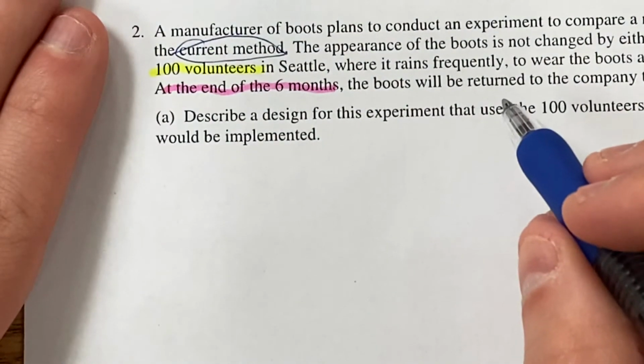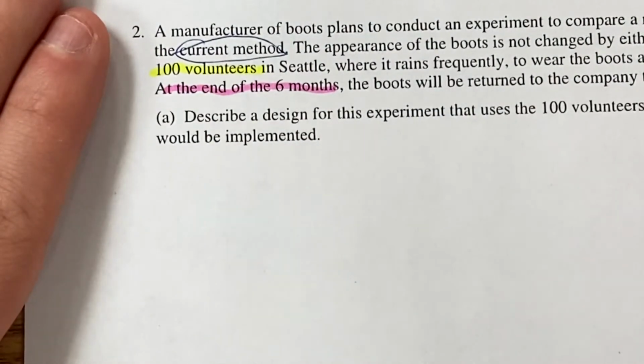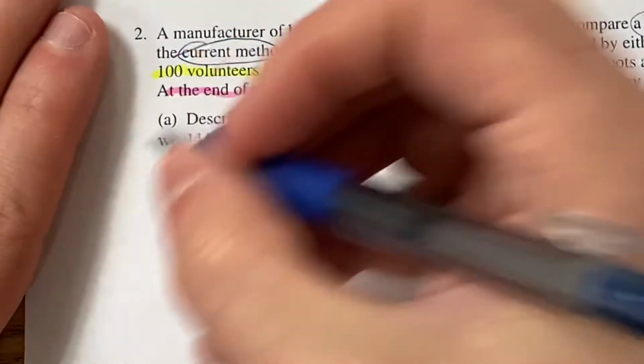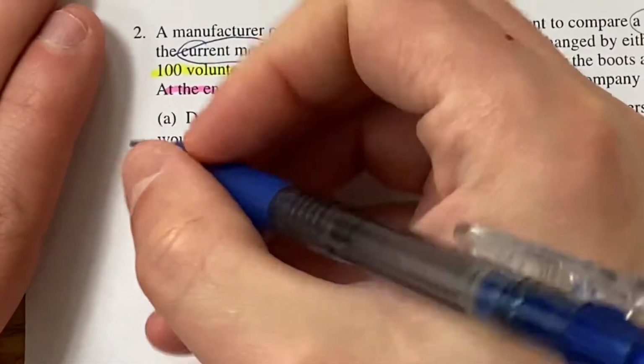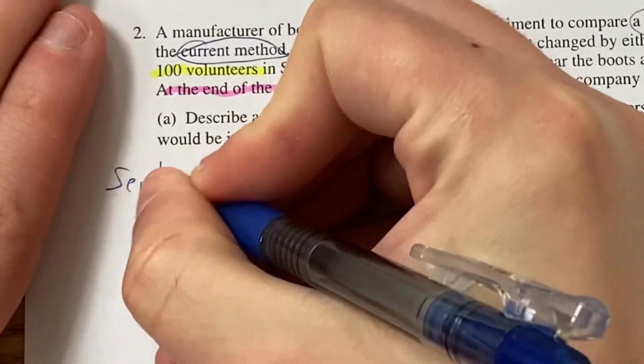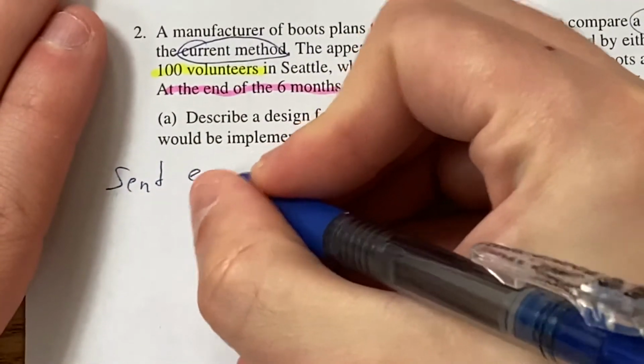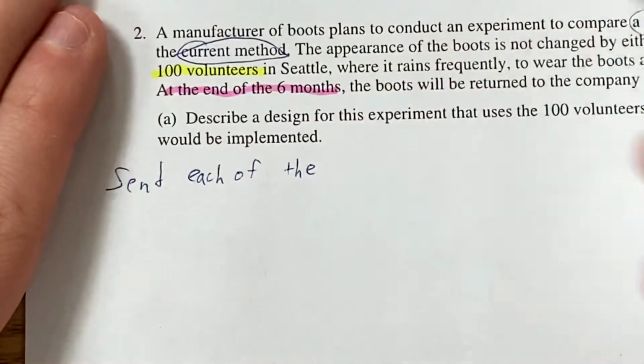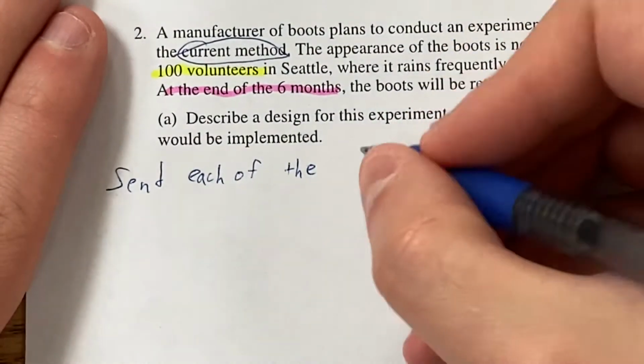And new method, there it is. Okay. So describe it. Send each of the, let's see, what is it, 50?